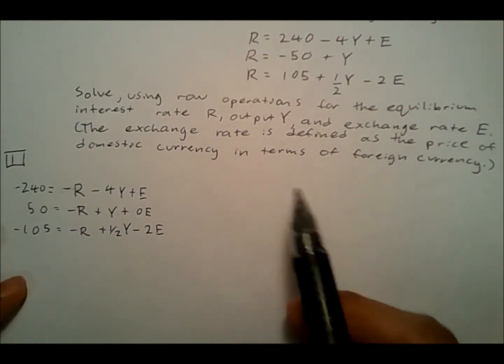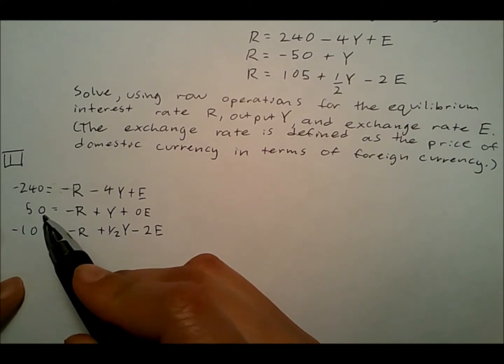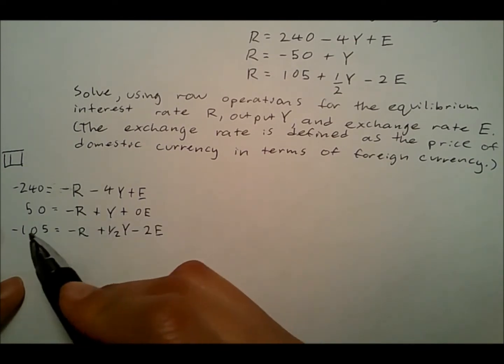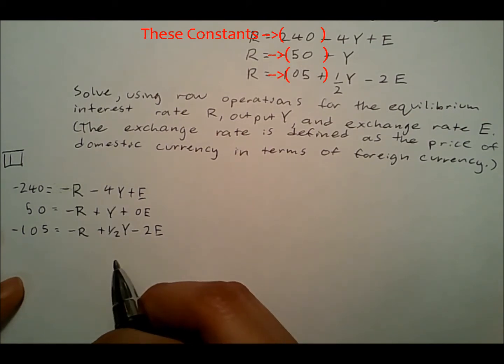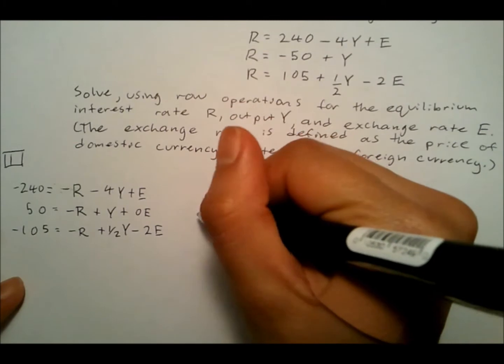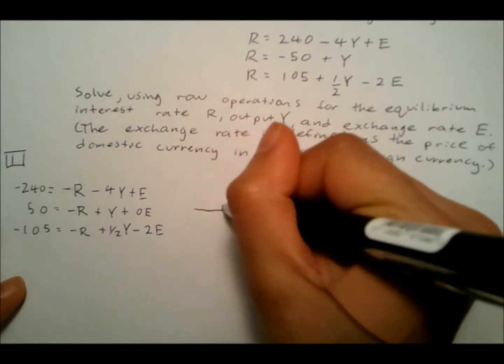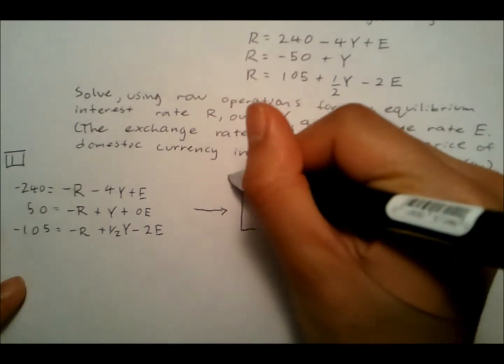So we're going to want to take these constants there, the 240, negative 50, and 105, and rewrite these equations as such, so we can actually start solving these systems. Now to solve these systems, we're going to put these equations in a matrix, so that way we can solve for each variable.